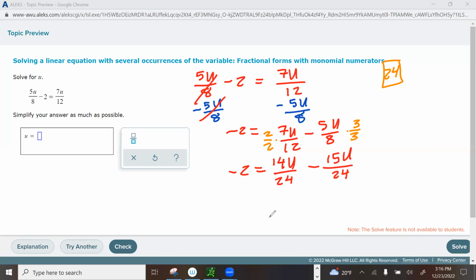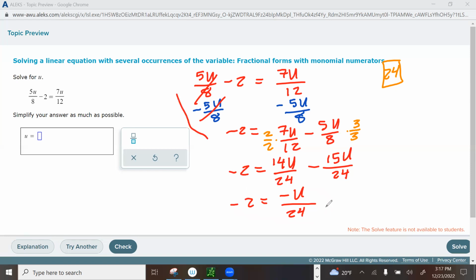And now I have common denominators, so I can combine them. 14u's minus 15u's would be -1u. I think we can all agree that this is not done. But we can also agree it's more simplified than it has been so far.